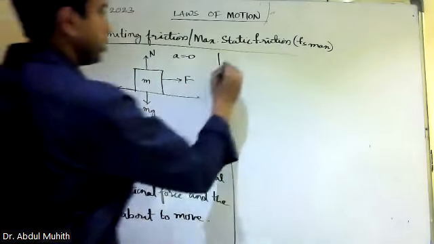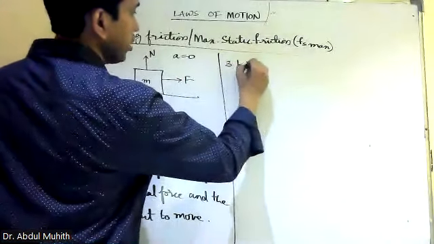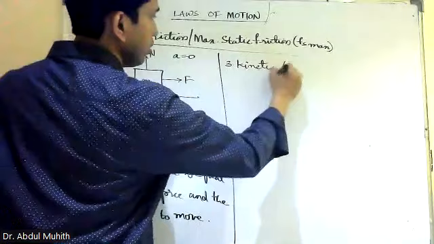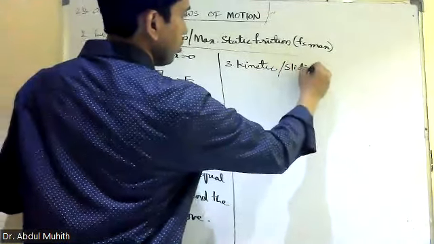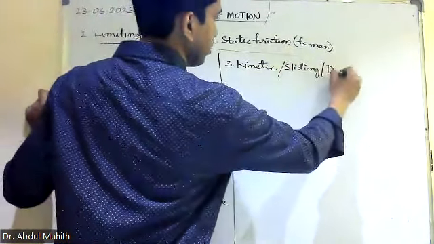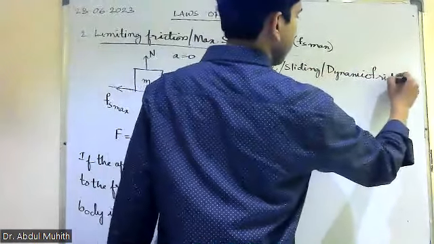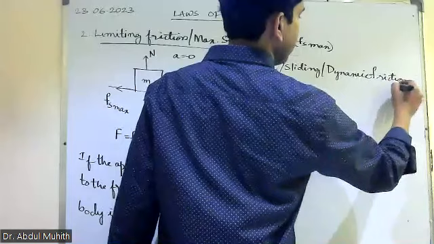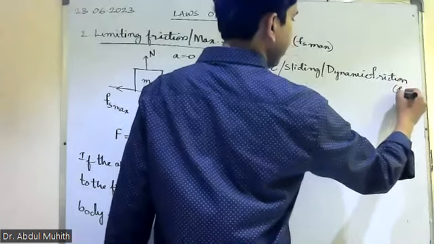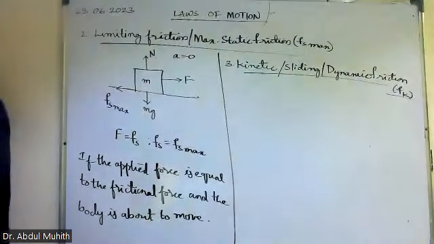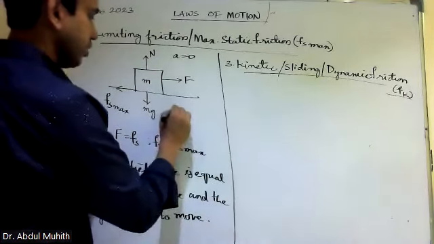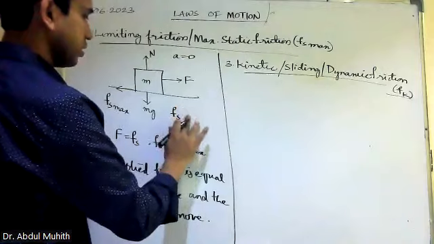Okay. Next one is the third one. There are three names for this: kinetic friction, or sliding friction, or dynamic friction. That is Fk. Here Fs is equal to Fs max.